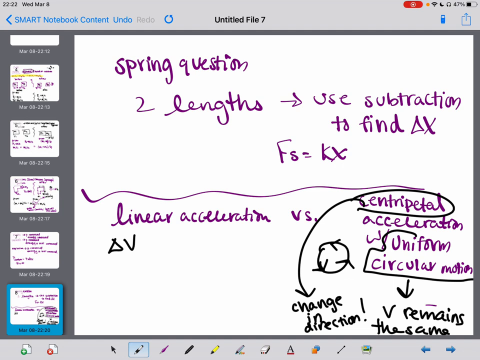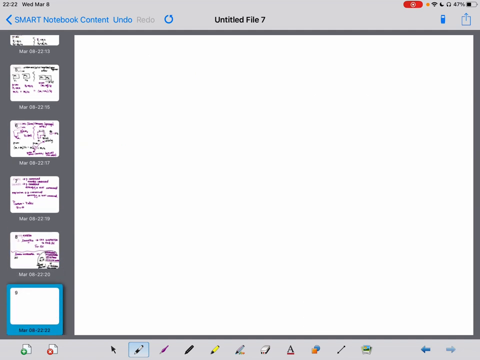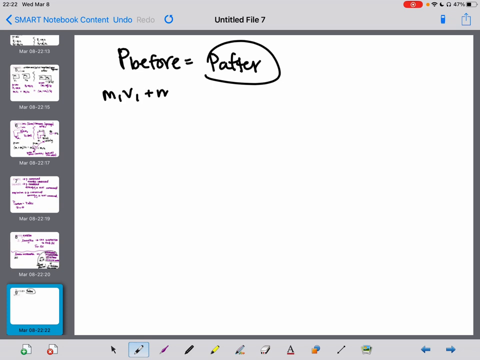Okay, other than that, that's pretty much what you need to know for tomorrow. One last thing I will say though, keep this in mind, how we say P before equals P after. Sometimes they might say, well, what's this amount after the collision? And they'll only give you information prior to the collision.